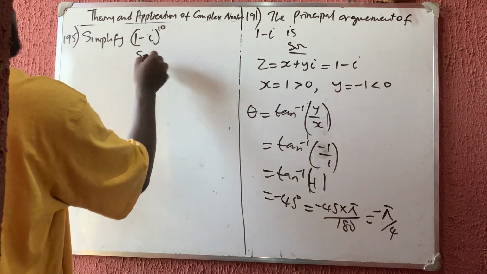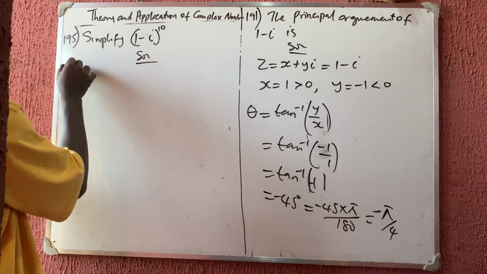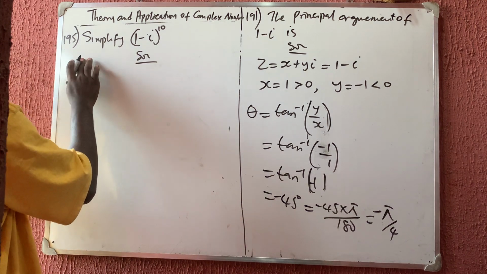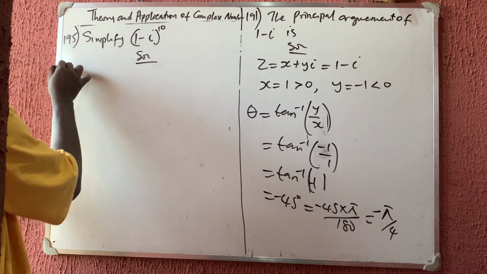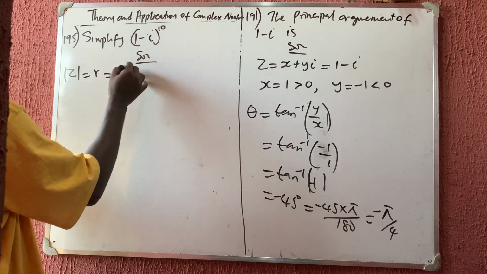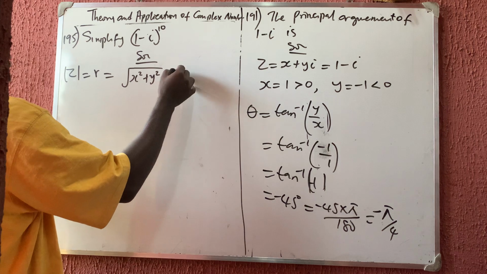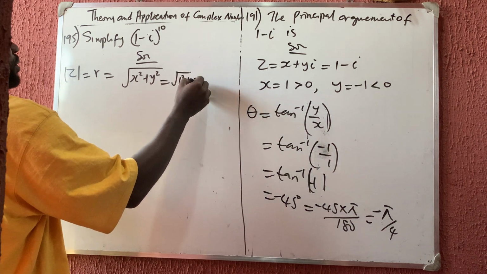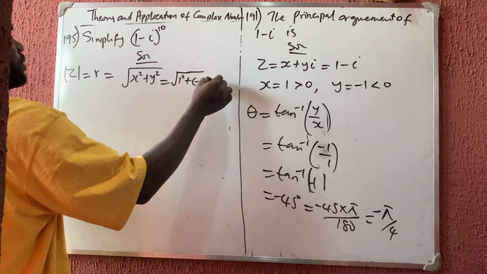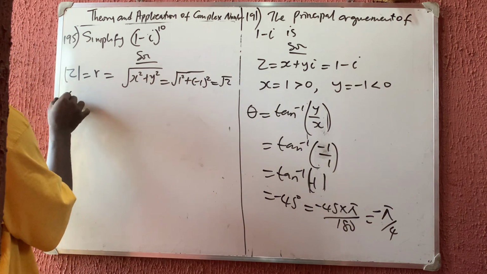Solution: the first thing we need to get is the modulus. The modulus is simply r, which is the square root of x squared plus y squared, which will give you the square root of 1 squared plus minus 1 squared, which is equal to root 2.